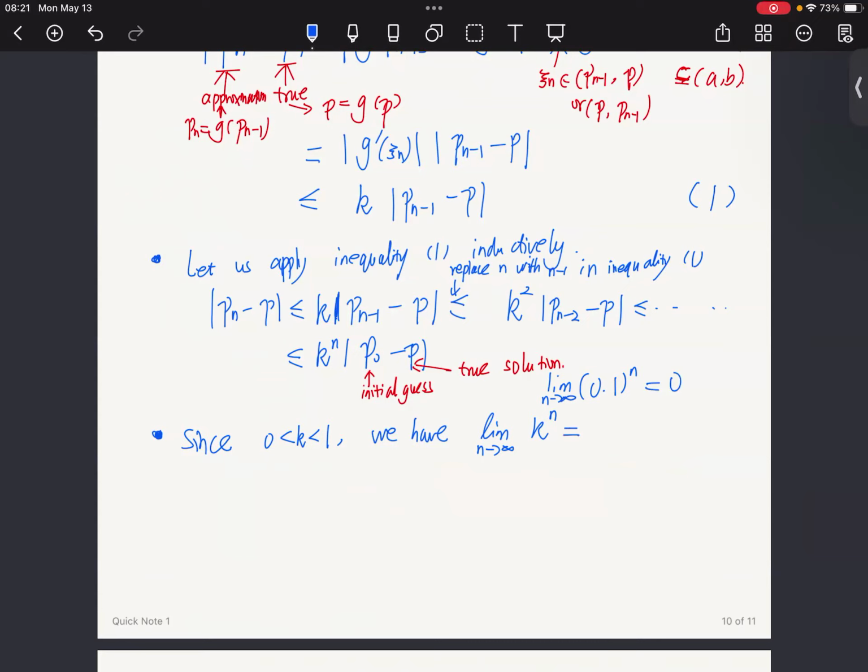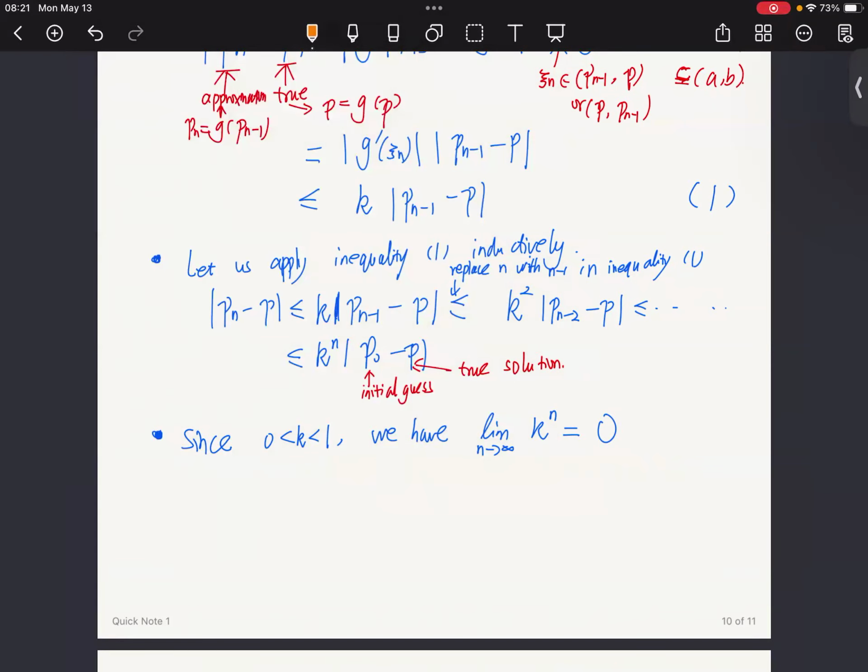So for K smaller than 1 and n tending to infinity, the limit equals 0. This is something we learned from the calculus class. Any questions here?